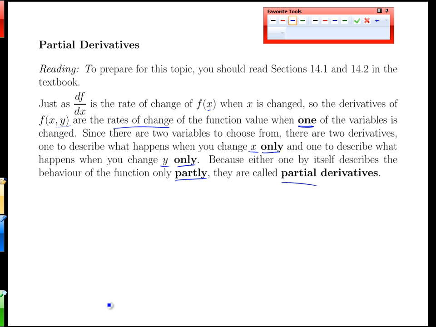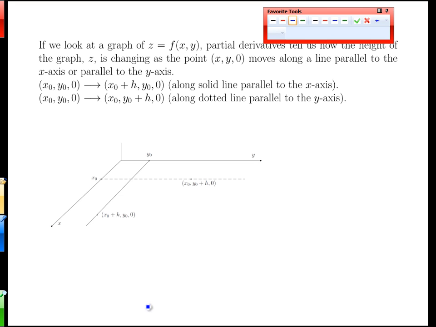Let's get to what these would actually mean in terms of applications or calculations with the surface. So, how do we imagine this? Well, we've got a point on a surface, very much like a point on a graph. So again, trying to think back to what we used to define derivatives in single variable calculus. So imagine a point x naught, y naught on your xy plane.